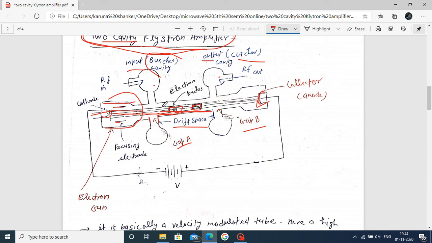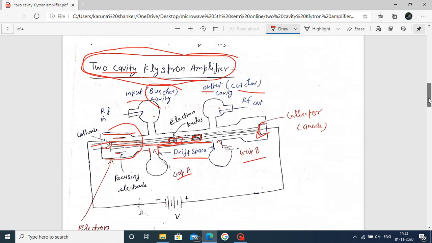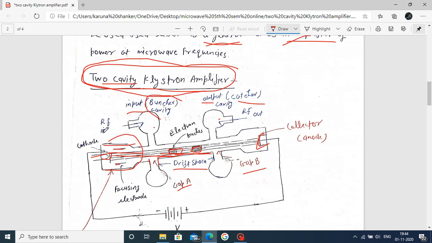Now focus on this one, it is used as an amplifier. Suppose this is the RF input, a sine wave applied here in this input cavity. The output is obtained in amplified form. Suppose this amplitude is A, the amplified output is obtained here, amplified to 2A, so the amplitude increases.